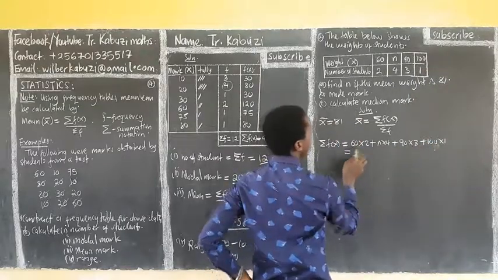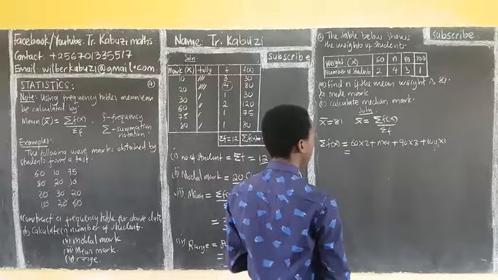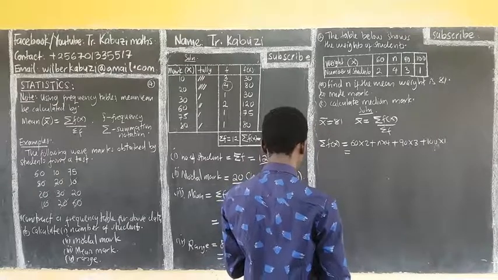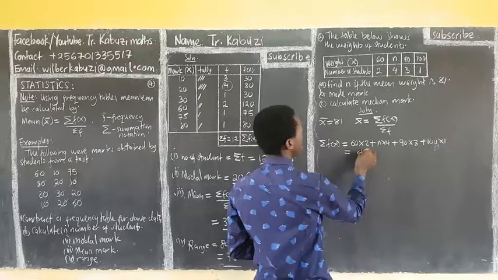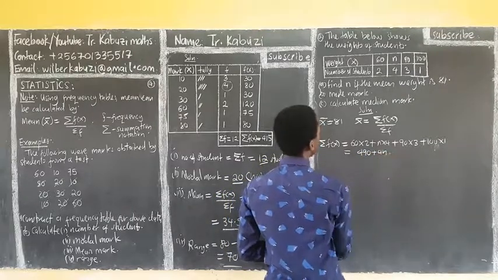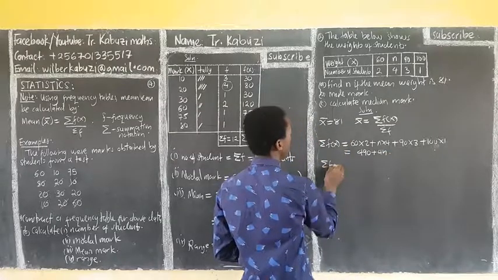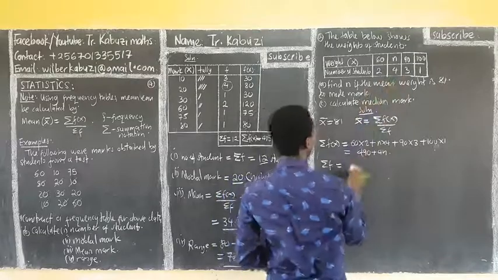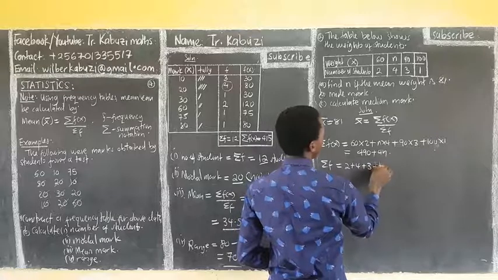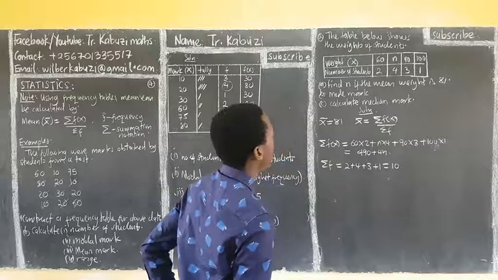This is going to give me 120 plus, I'm getting 490 plus 4n. Then when I come to my summation f, I'm going to just add these ones: 2 plus 4 plus 3 plus 1, and I'm getting 10.